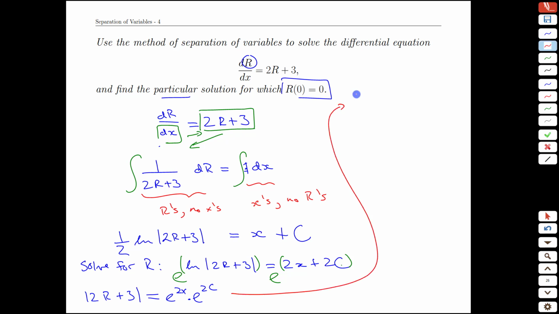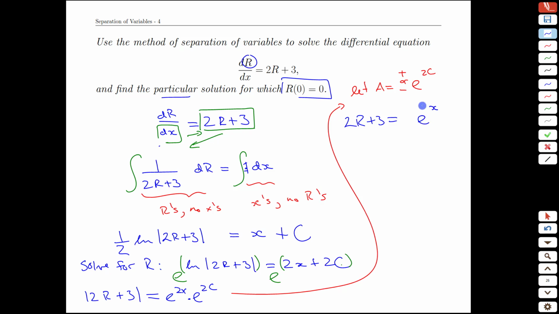We then do the trick that we used last time. Let's make a new variable, call it a, that equals e to the 2c. But I also want to get rid of these absolute values, so if we need to, we'll put a negative sign in there, and that gives us 2r plus 3 equals a e to the 2x, where the e to the 2c is what we just replaced with a.